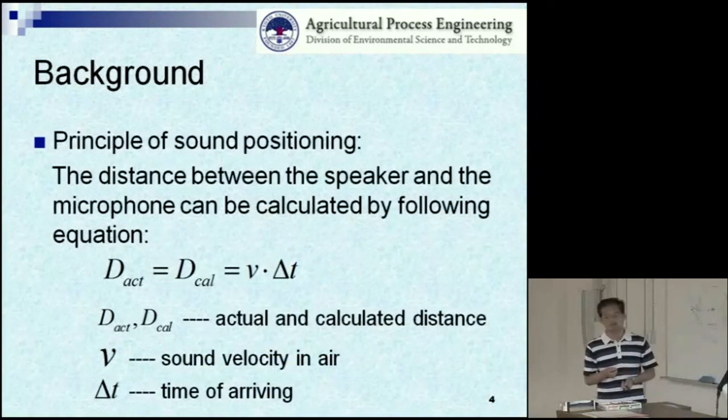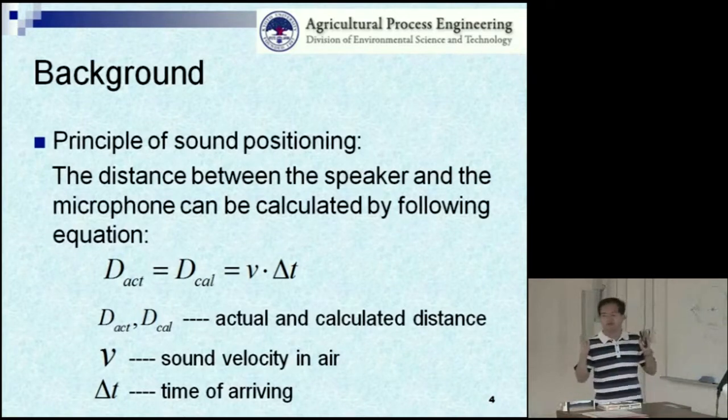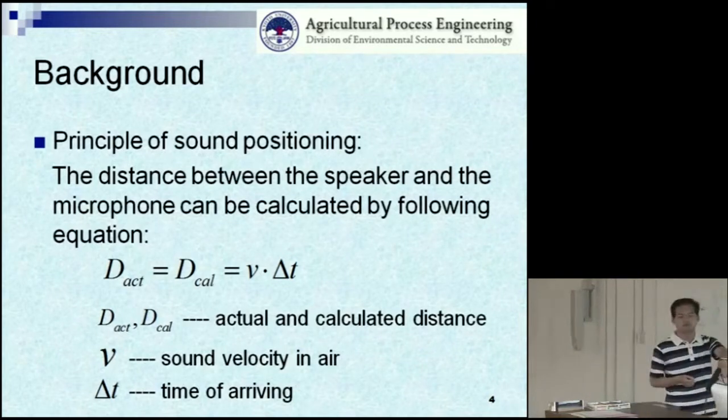As for a sonar system, it's easier in ideal conditions. We can calculate the distance between the speaker and the microphone. For example, I'm the speaker now, and this is the microphone, the receiver.